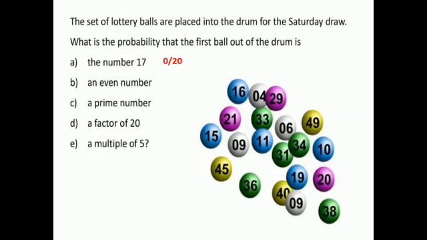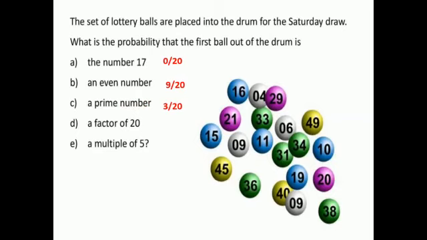Even number: count the even numbers first. 9 numbers you can get. And the prime numbers: 11, 31 and 19. So 3.